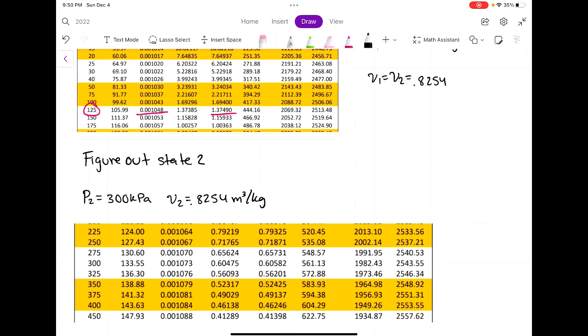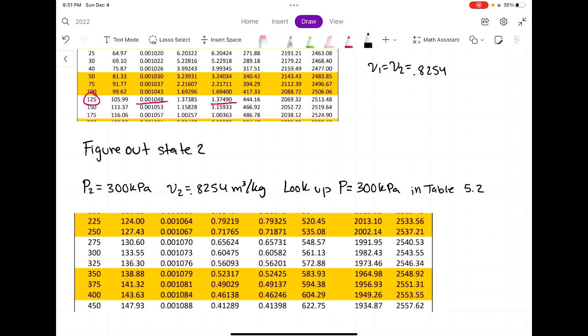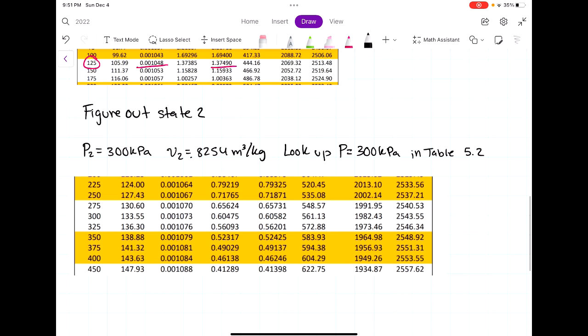So we're going to go ahead and look up the pressure at 300 kilopascals in table 5.2, the same as the last one, and we're going to go ahead and compare the specific volumes of the saturated liquid and the saturated vapor to the specific volume that we have for v2.